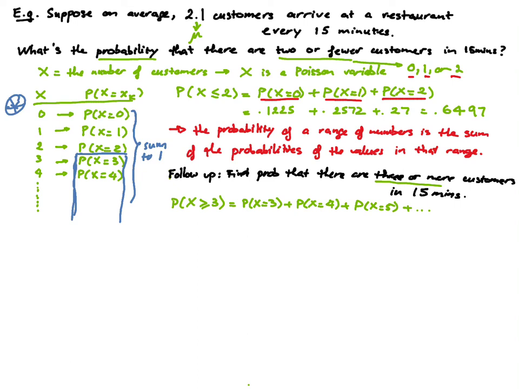But let's take a look at this. The sum of the numbers in the box plus the probability that x is 2 plus the probability that x is 1 plus the probability that x is 0 sum to 1. That sum is equal to 1. Right? So let me write that down.